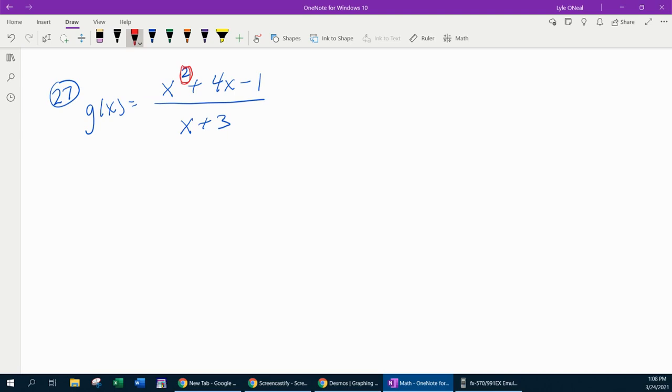The degree of the numerator we can see is 2. This x has an exponent of 1. That's the degree of the denominator. And 2 is bigger than 1 by exactly 1. So there will be a slant asymptote. The way that you find that is you have to do long division.